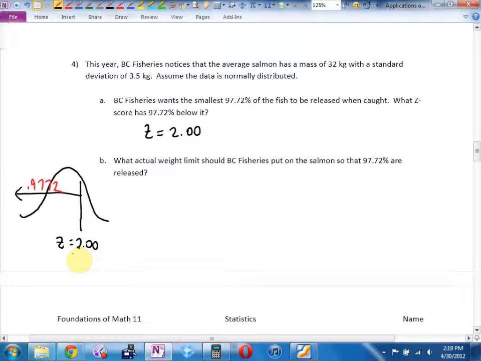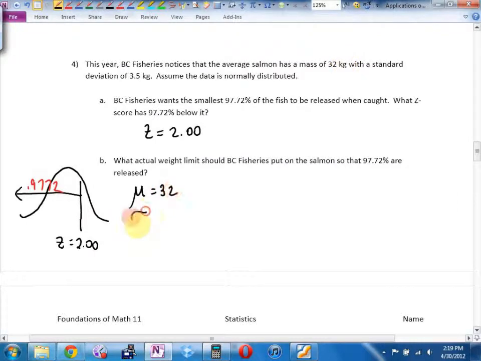Colleen, what do they want me to find? Part B. Read to me. Okay. They want the actual weight limit, right? Colleen, do we know the mean? Yeah, read carefully. Did I say the word average up here? 32.